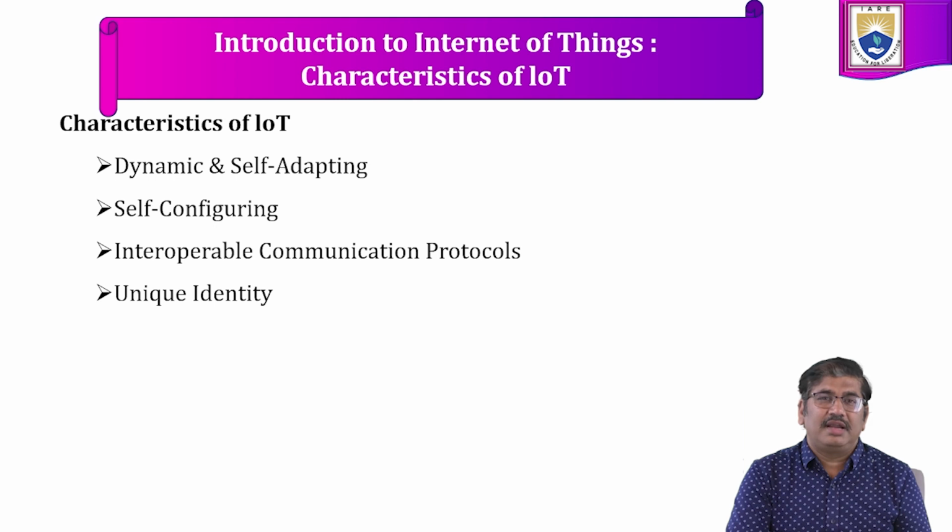Self-adapting means depending upon the data collected, actions are taken; the data will be analyzed and changes made to achieve the desired specification. Interoperable communication protocols make it possible to communicate over different communication protocols, and it has a unique identity.